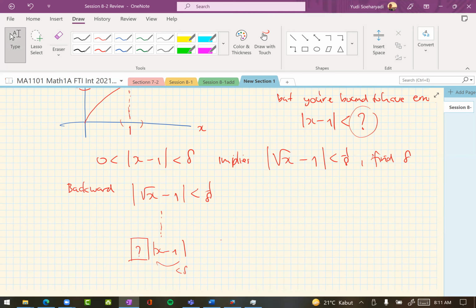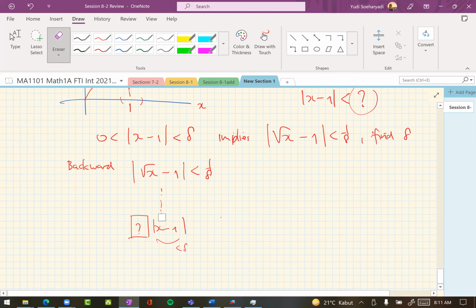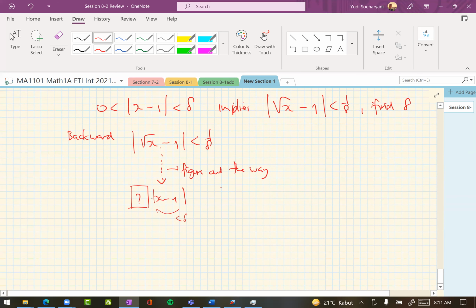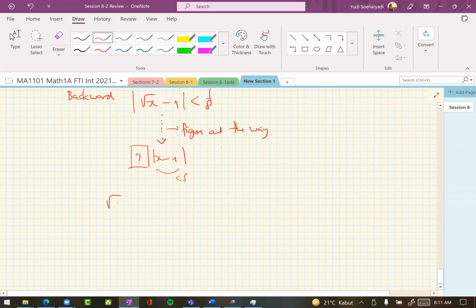All right, so the thing here is to figure out a way to transform this into this one, to make x minus 1 appear. Well, one way to do this is, for example, let's multiply by this one.